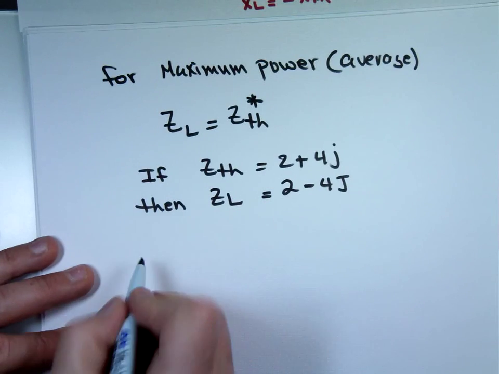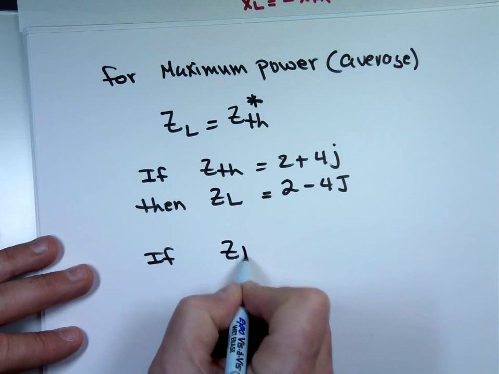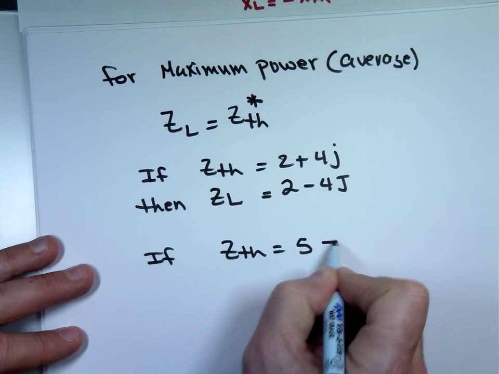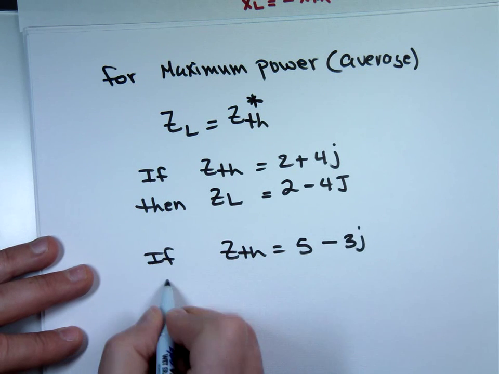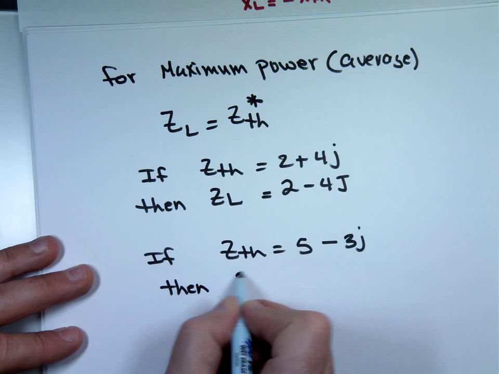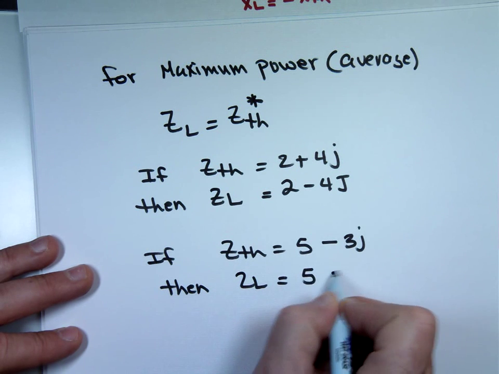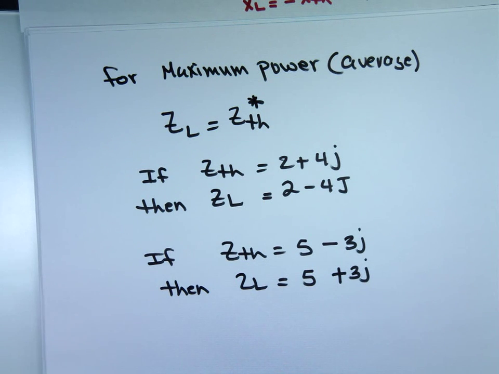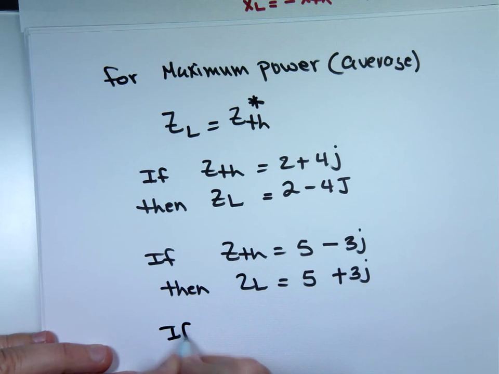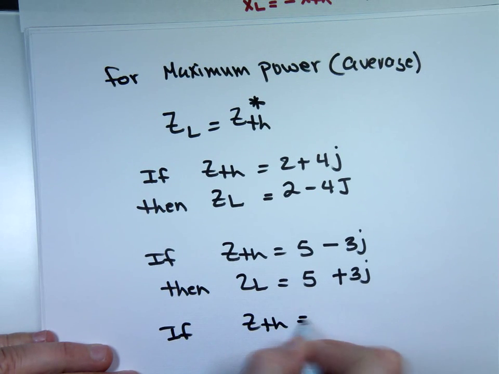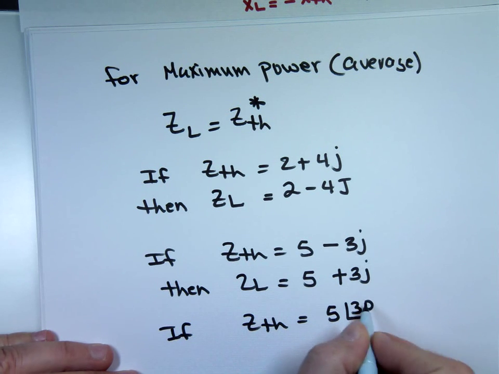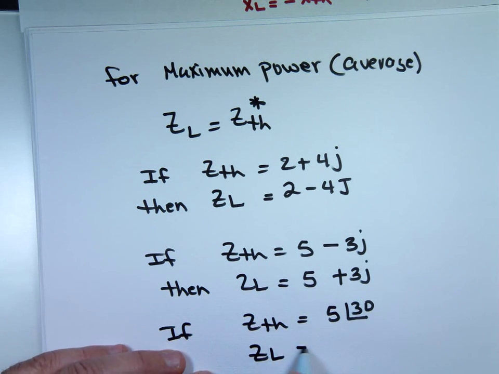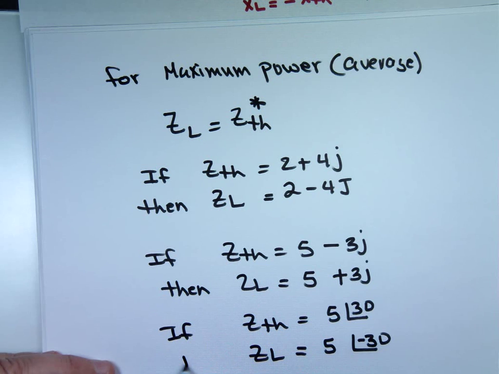If Z Thevenin equals 5 minus 3j, then you want ZL to be what? 5 plus 3j. If Z Thevenin is equal to 5 angle 30, you want ZL to be what? 5 angle negative 30. That's what a conjugate means. You do that, things will work out.